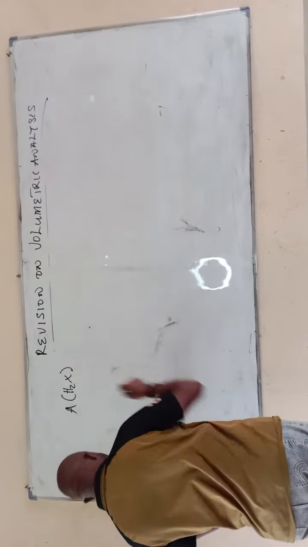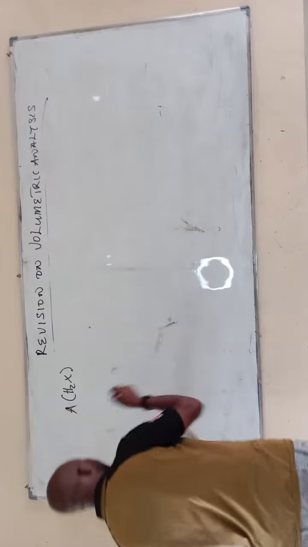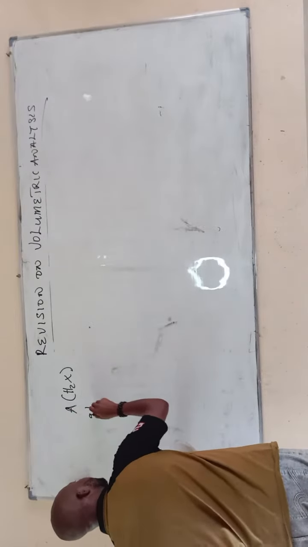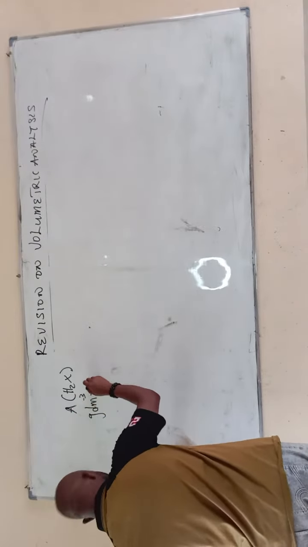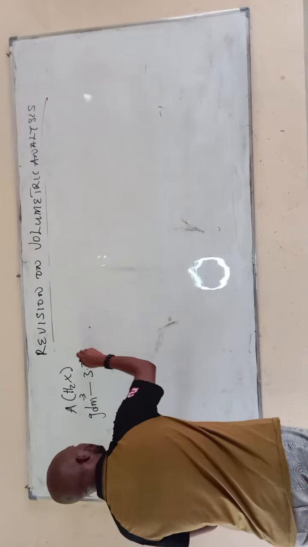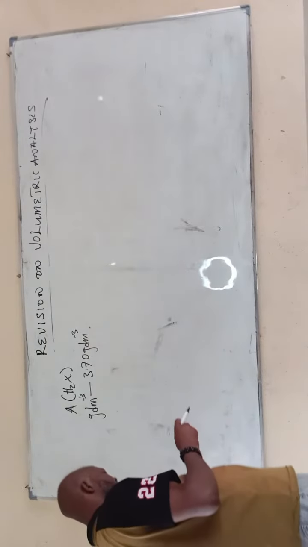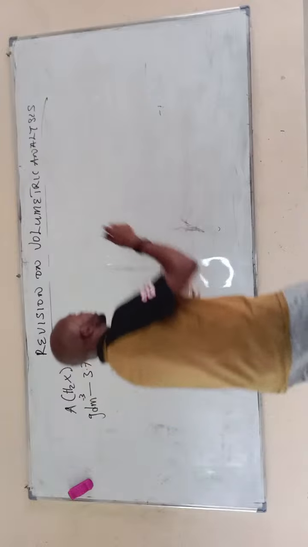And A contains, they give us the mass concentration, 3.7 g/dm³.